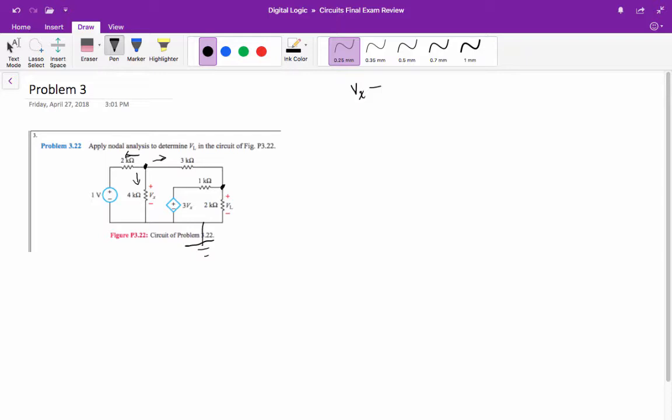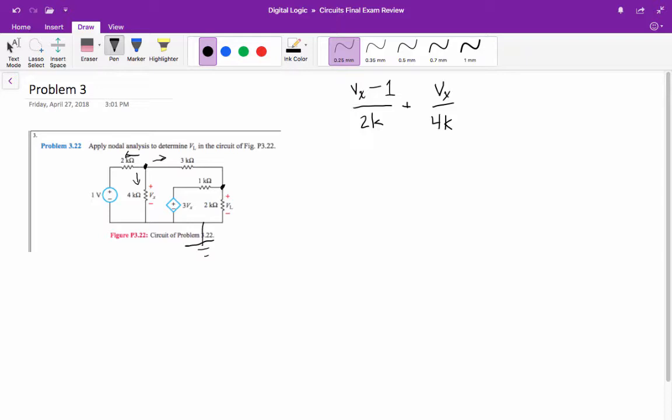This is ground, and this is a 1 volt voltage source, so this will be 1 volt right here. So Vx minus 1 over 2K. So that's our first current. Our second current, let's do this one. That'll be Vx minus 0, so that's just Vx over 4K.